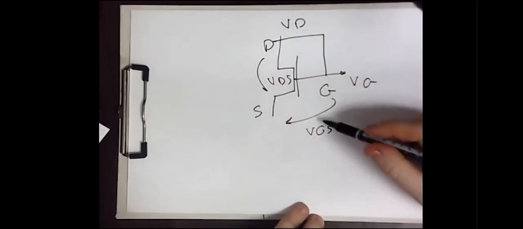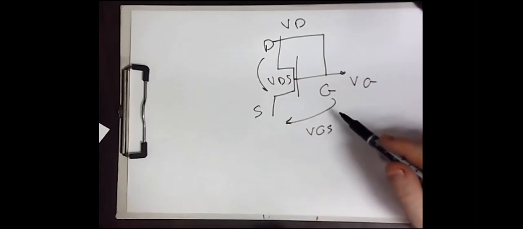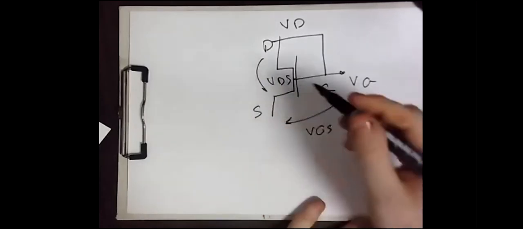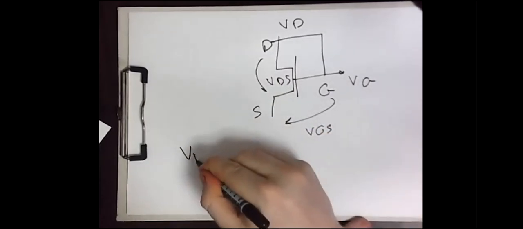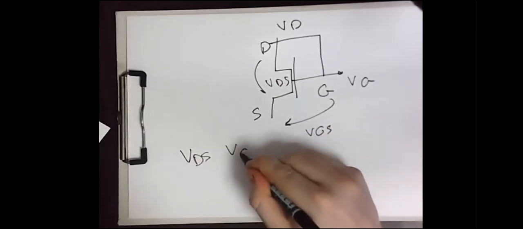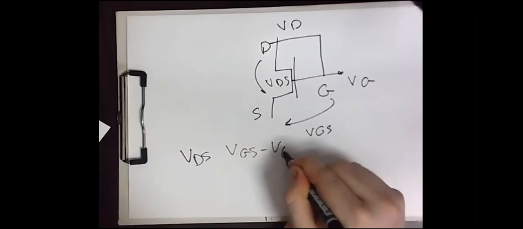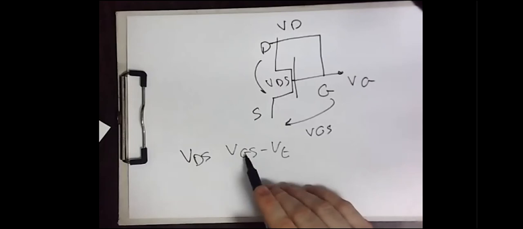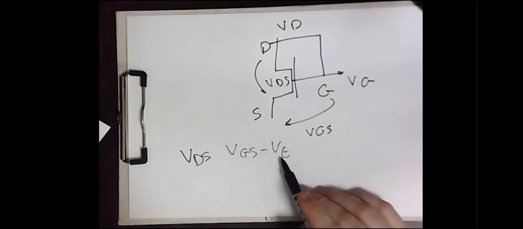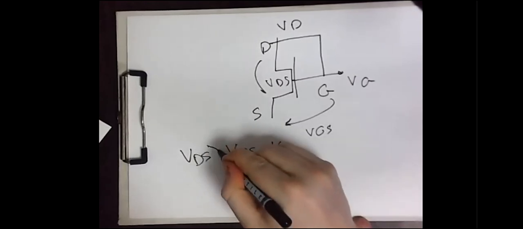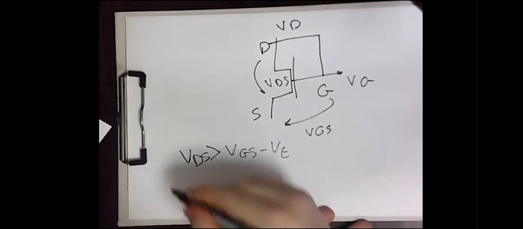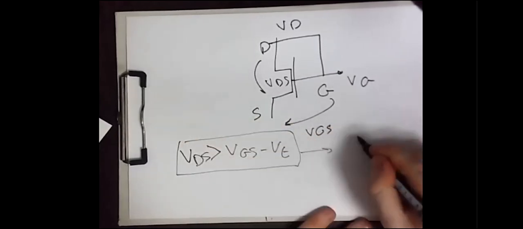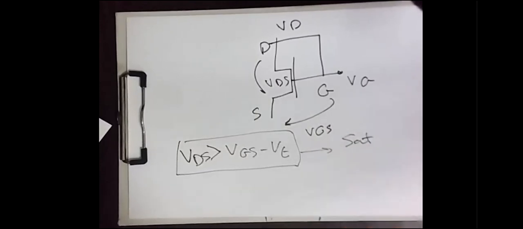What is the consequence of having VDS equal to VGS? Whenever you check the condition relating VDS with VGS minus V threshold, as VDS and VGS are equal, VGS minus V threshold will always be smaller than VDS. That means your MOSFET is operating in the saturation region all the time.